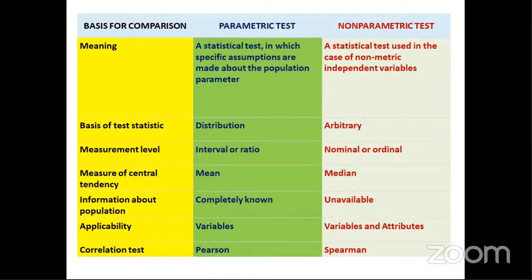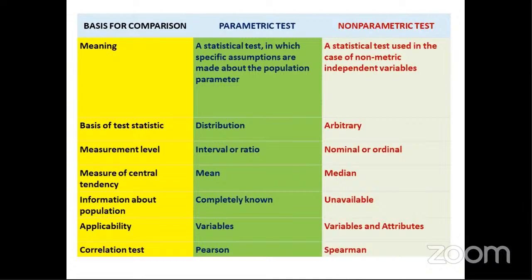In this case, if you are talking about the distribution and you have analyzed the test of homogeneity, the test of independence, you were able to define that this population has a certain distribution. In this case, you can use the parametric test. But if it is arbitrary, then it is non-parametric.